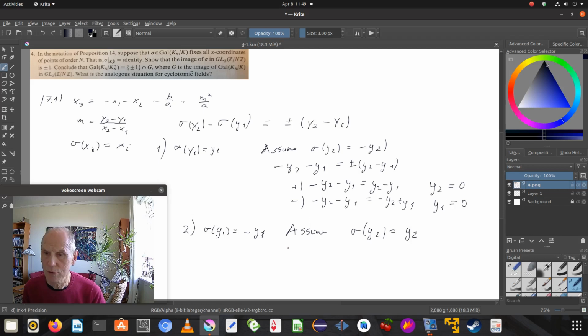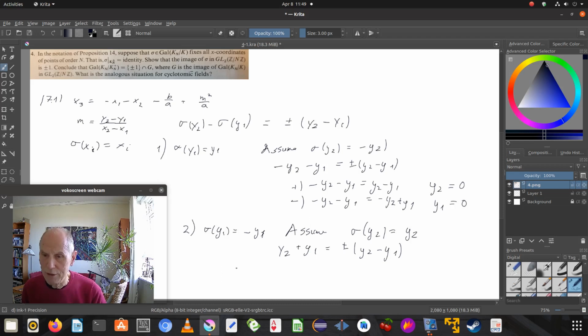Then y2 plus y1 equals plus minus, using this formula again, plus minus y2 minus y1.